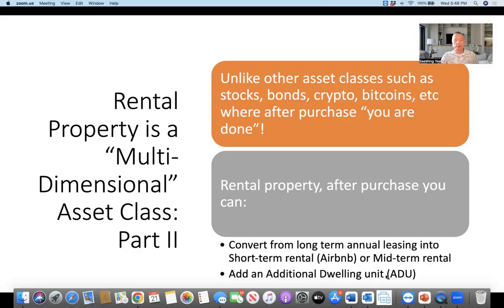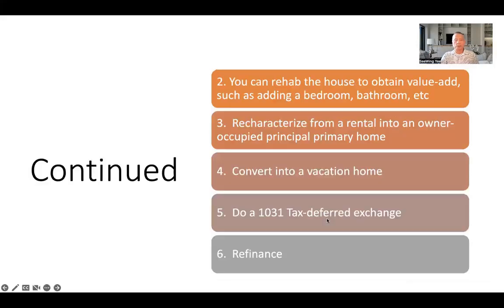Anyway, you can add some additional ADU depending on the location. Furthermore, the other type of renegotiation you can do with respect to your income property over time is you can add an extra bedroom, you can recharacterize it into a primary home, you can convert it into a vacation home, you can do a 1031 tax-deferred exchange, you can refinance your property a few years later, assuming you get some good loan to value of 60 to 65%.